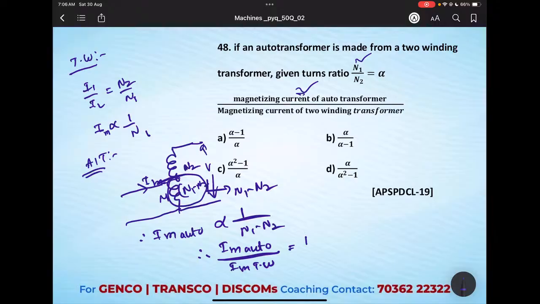How much will it come? It will be N1 divided by N1 minus N2. Let's take N2 as common. How much will come? N1 by N2 divided by N1 by N2 minus 1. We know N1 by N2 is given as alpha, so it is alpha by alpha minus 1. So our option will be B.